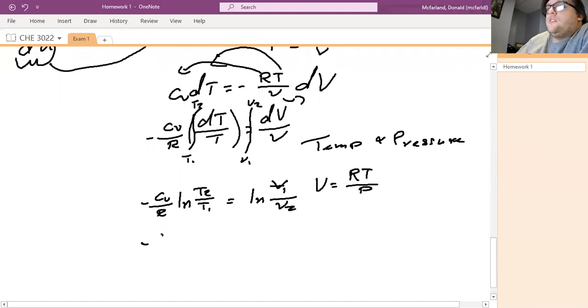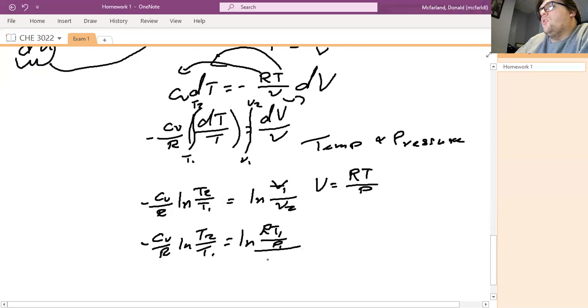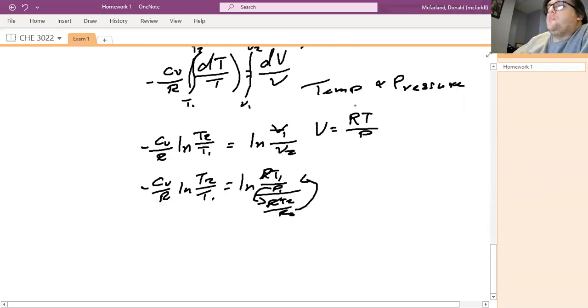I have negative CV over R, natural log of T2 over T1, equal to the natural log of R T1 P1 over R T2 P2. Notice R's cancel, P2 will come up here, P1 will come down here. I flipped the numbers around. This should be 2, and this should be 1.